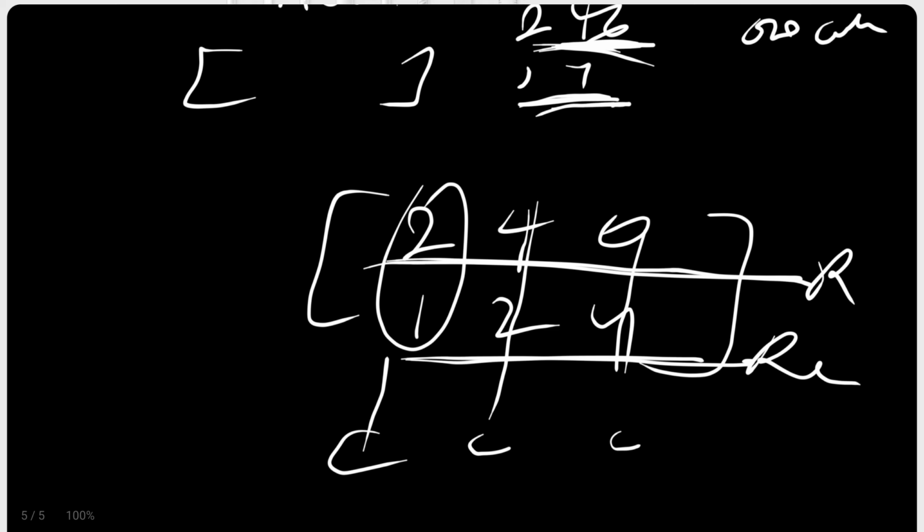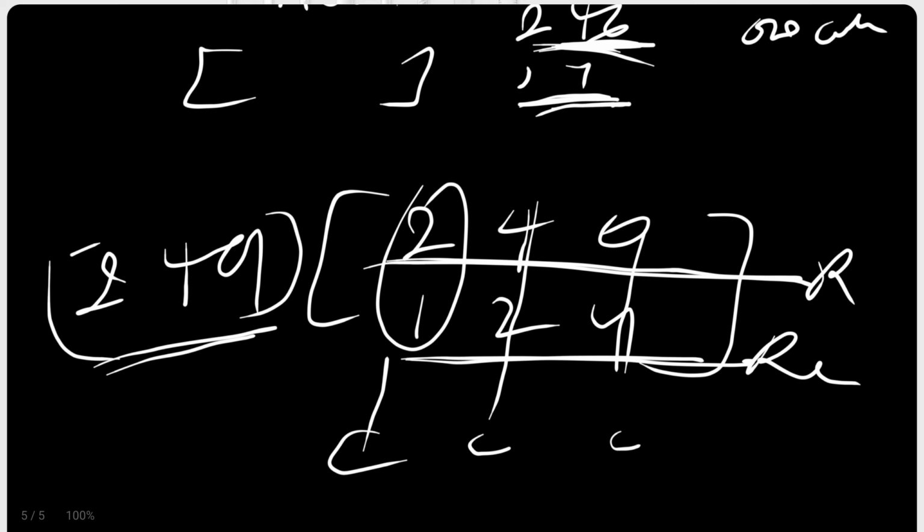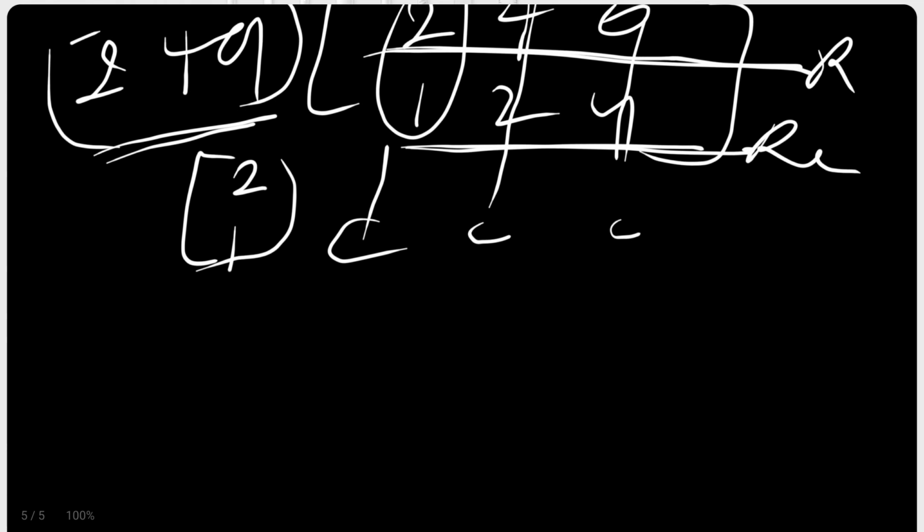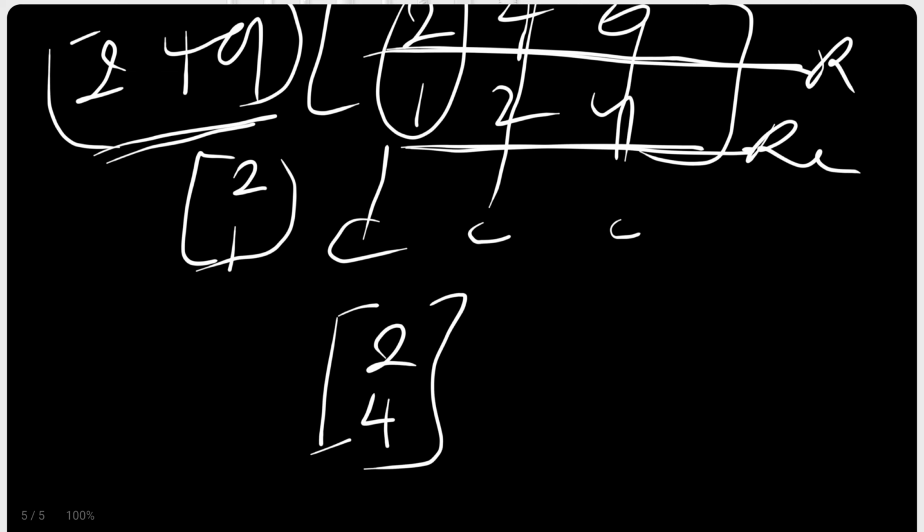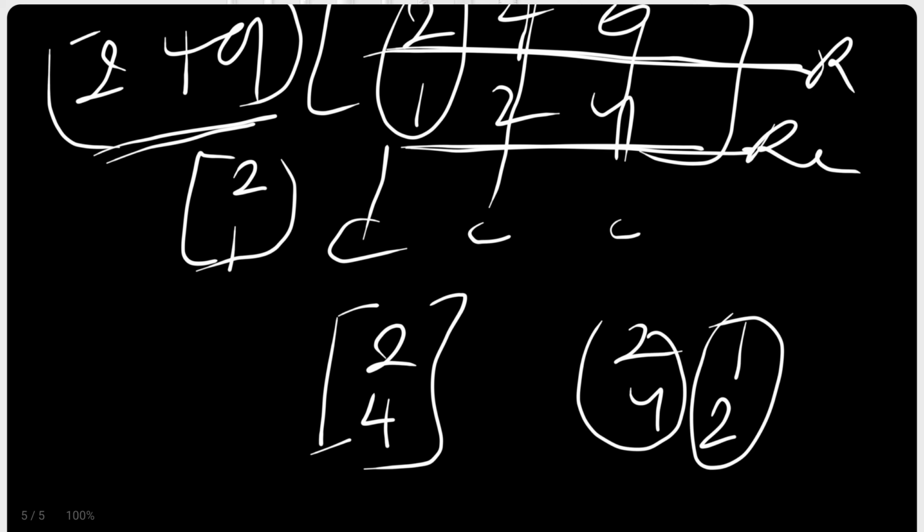We know that if it is 2 4 9, this is our single row matrix. Like 2 1, this is our column matrix. But if it is 2 4 and 1 2, it has two columns, so it is not a column matrix. Why?